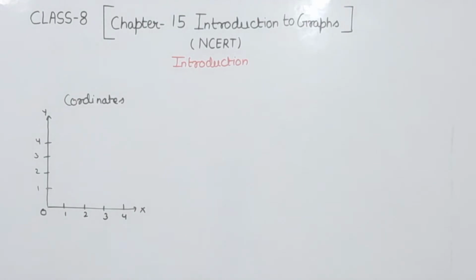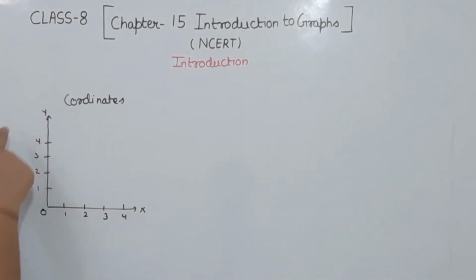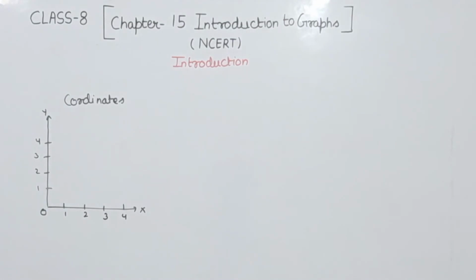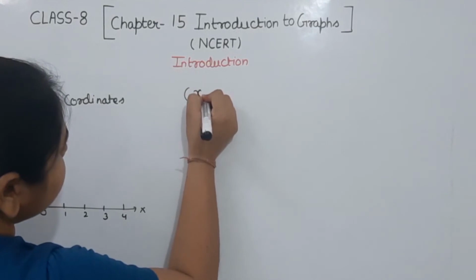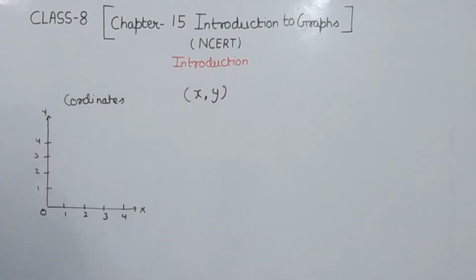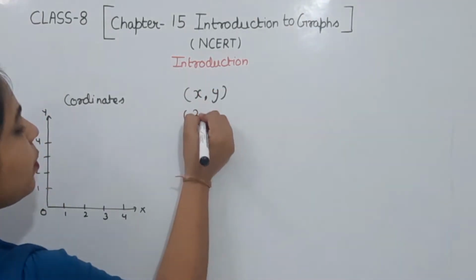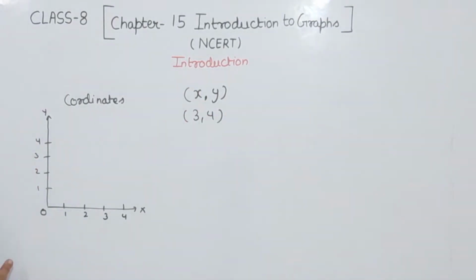Now we have to write the coordinates. These are the points on the x-axis and these are the points on the y-axis. We write the point as the first one being x and the second one being y. Suppose we have the point 3 and 4. Now I am going to show this on the graph.